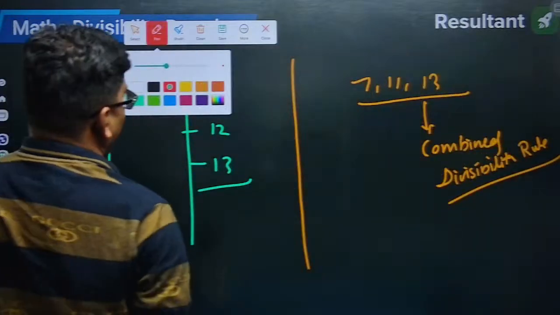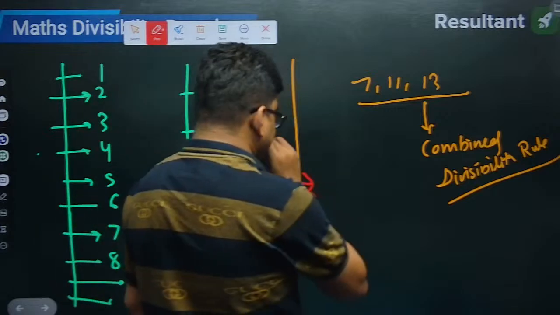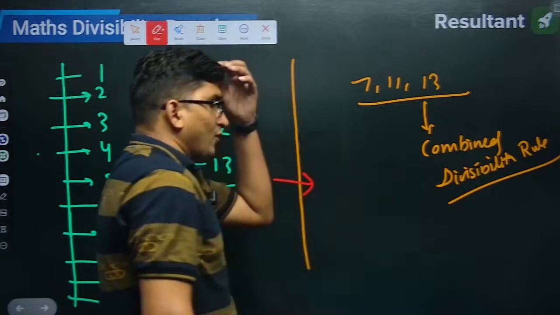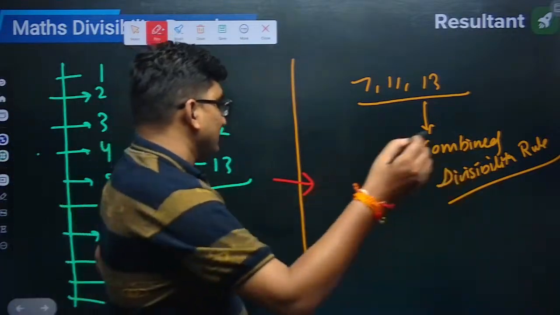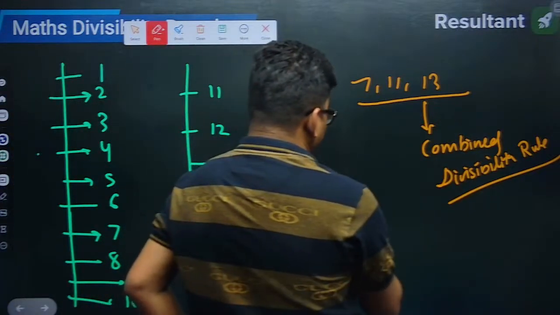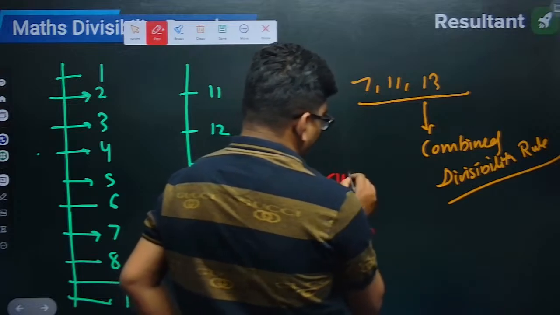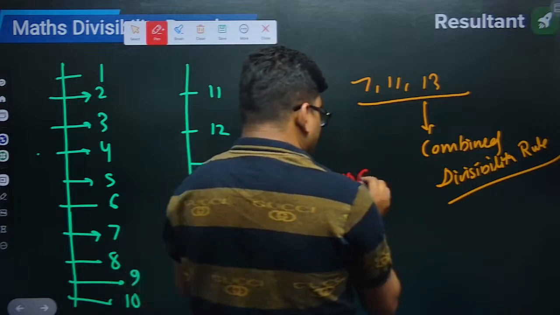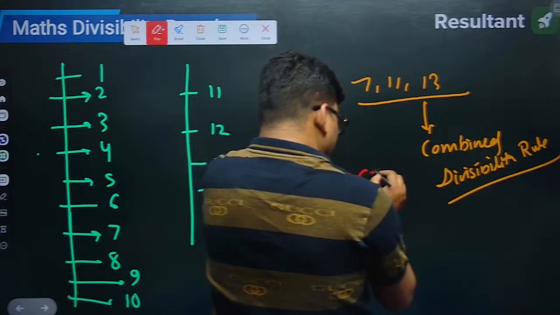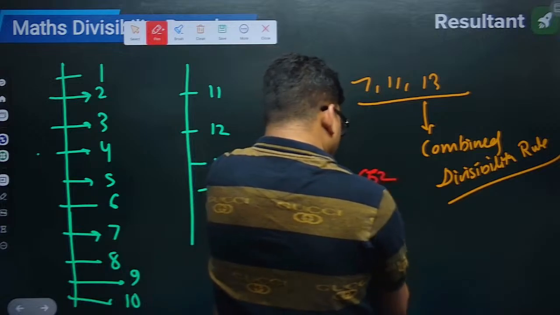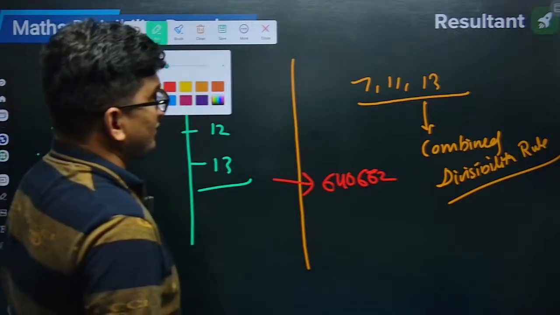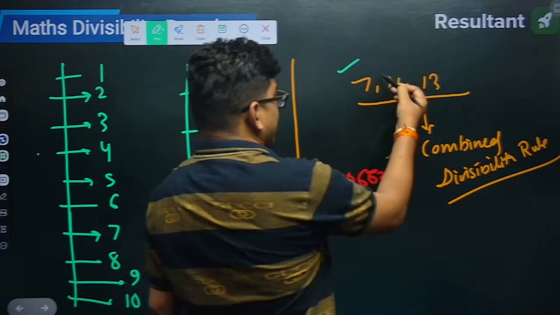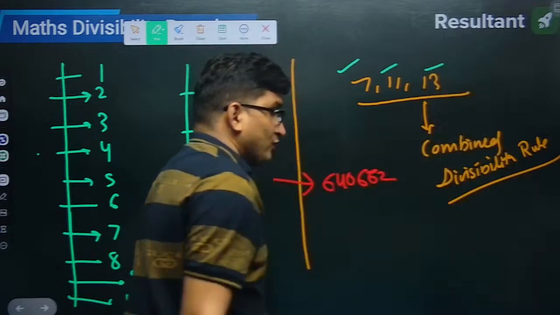According to this rule, make pairs of three digits, like 686406, a 6-digit number. We want to check whether it is divisible by 7, by 11, or by 13 or not.